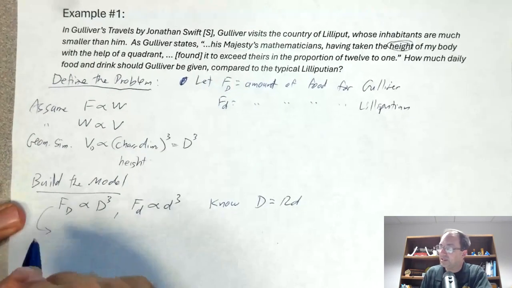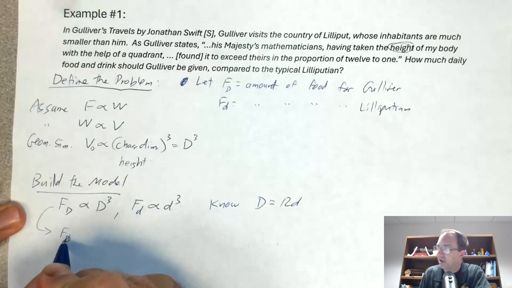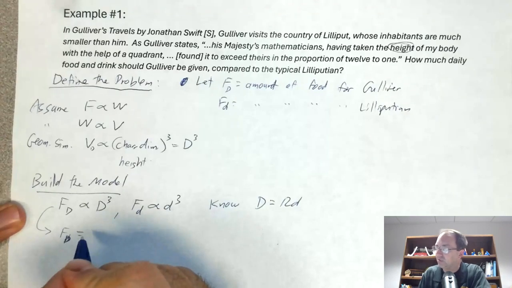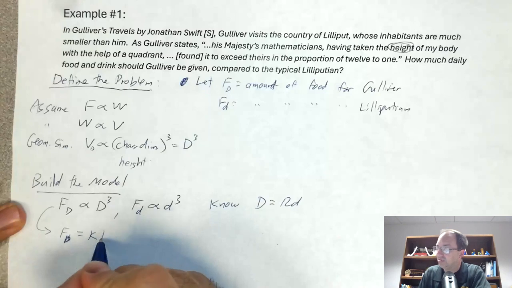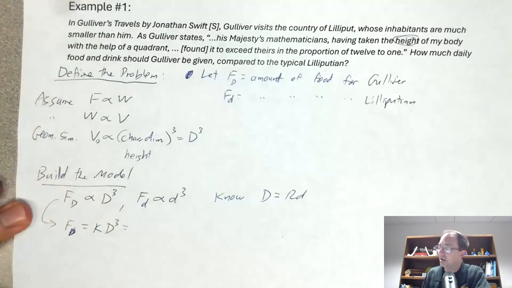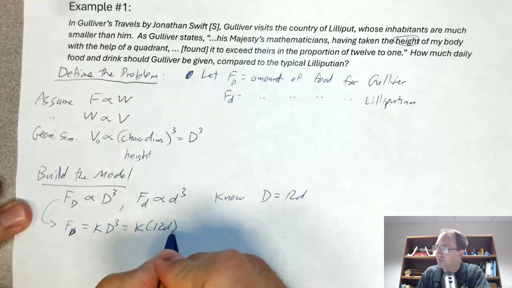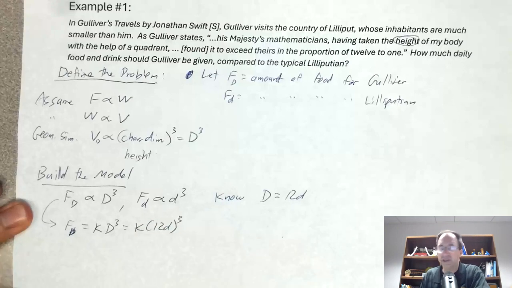So if we start putting these things together, according to this proportionality, we can write F sub capital D equals some coefficient k times D cubed. But then capital D we know is equal to 12d, so I can rewrite this as k times 12d cubed, replacing the capital D cubed.